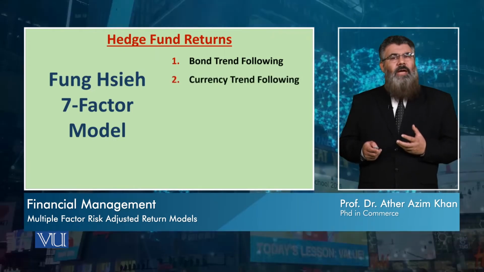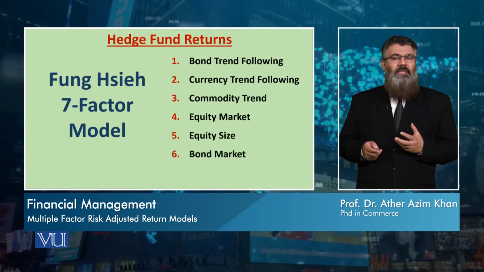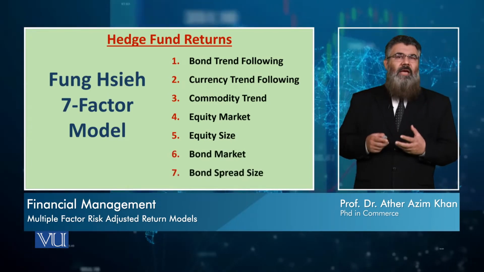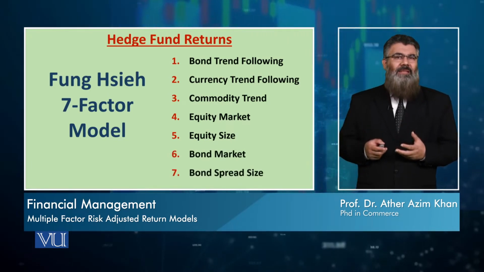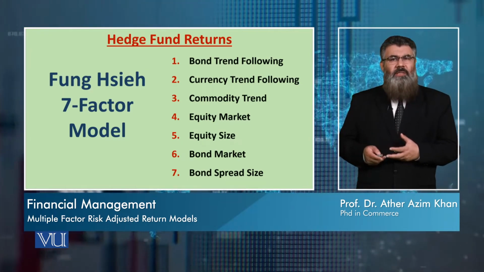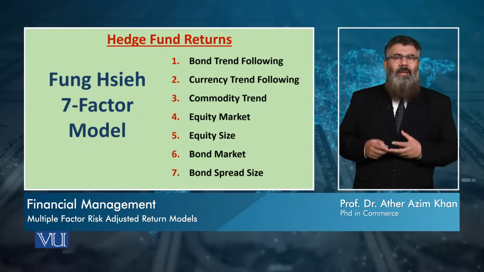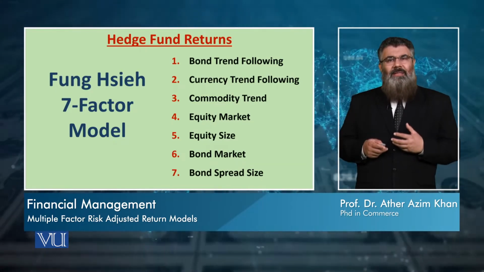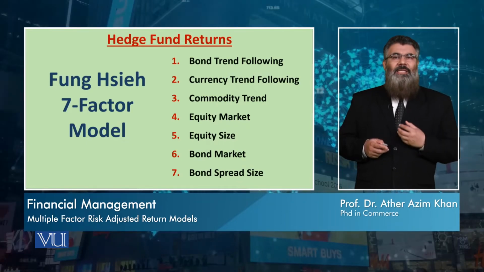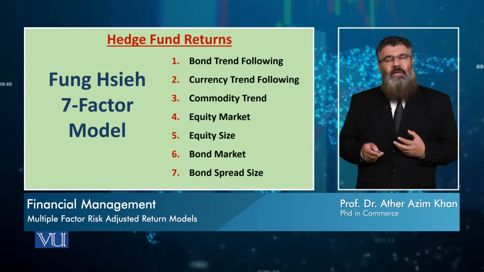If you look at these factors, you would find that none of these 7 factors is out of those which we have discussed in the 3-factor model or in the 4-factor model. These are bond trend following, currency trend, commodity trend. The reason is that this model is specifically designed to see the return of hedge funds.